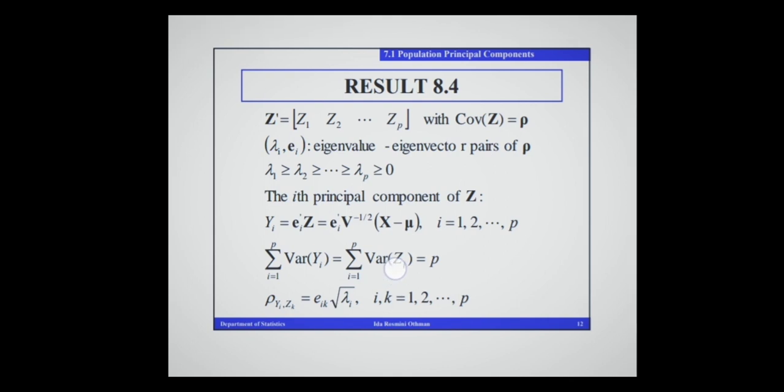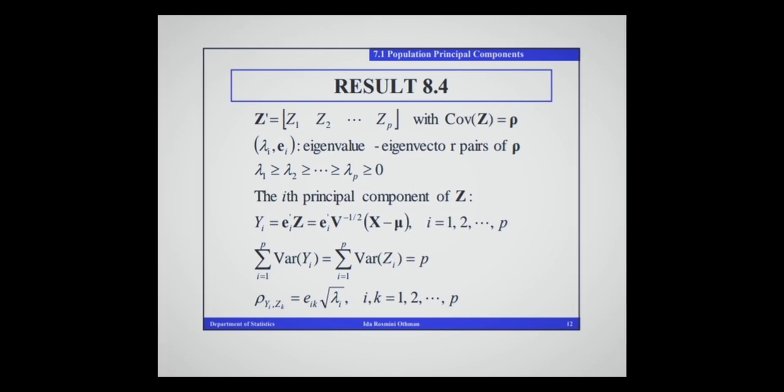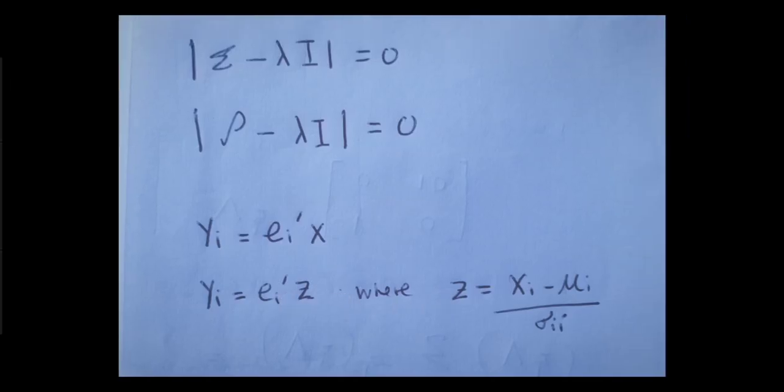Another one from the theorem is that we can find the value of rho yi zk, which is the correlation, so we can find which one of the z contributes most to the y. Right? Okay, this is what I told you just now. When we have the value of big sigma, the variance covariance matrix, we can find the eigenvalue lambda using this formula.